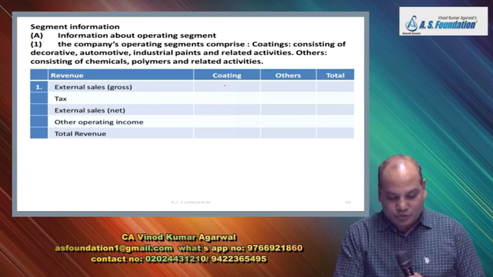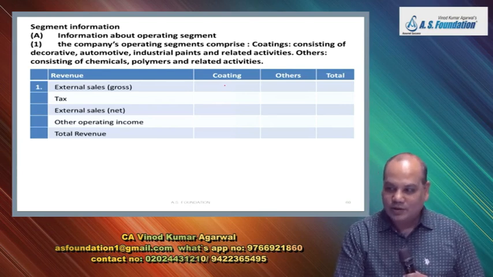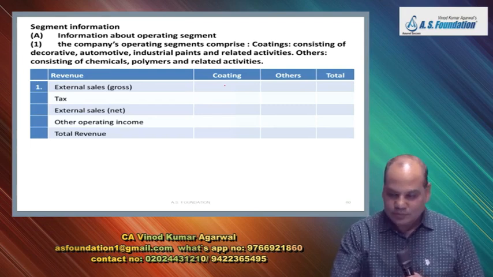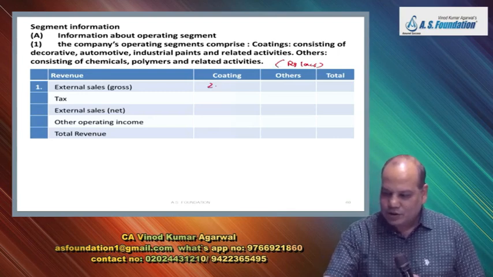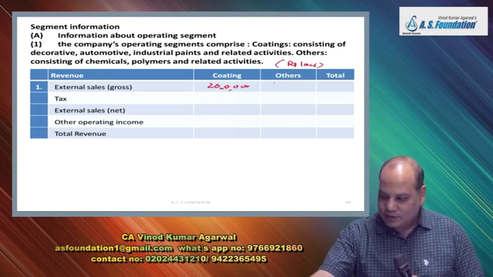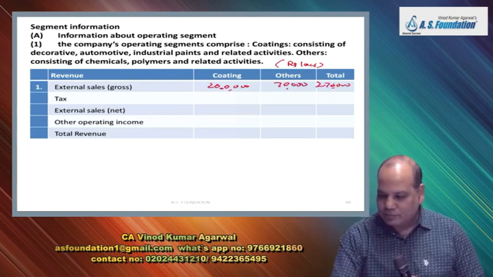Indirect tax. So we will assume that the sales include that indirect tax, like for example GST, and rupees in lakhs. So external sale individually coating 2 lakh, then other 70,000, total 2 lakh 70,000.